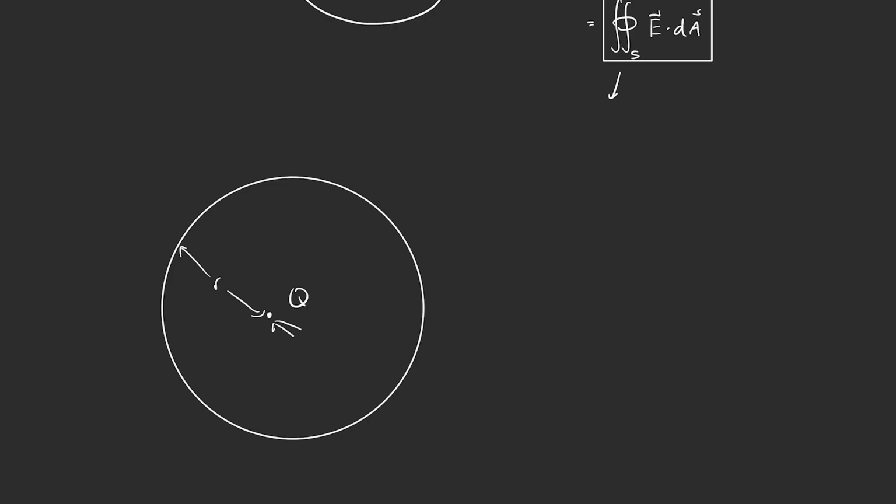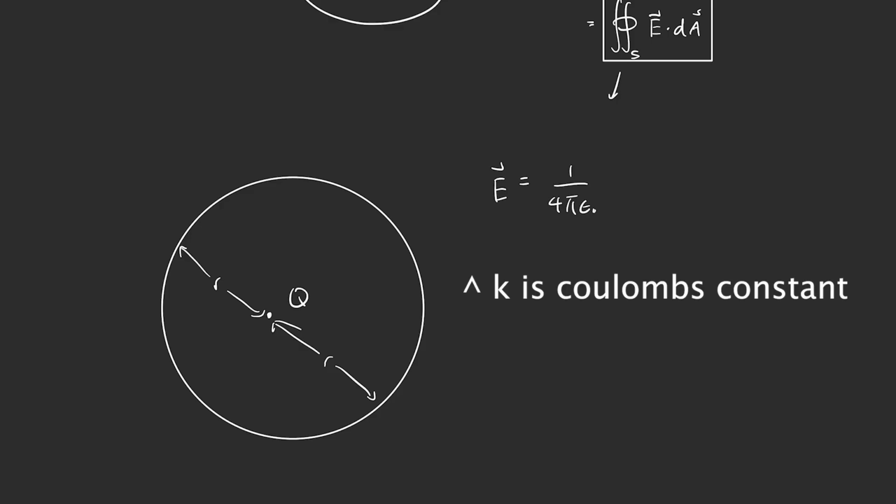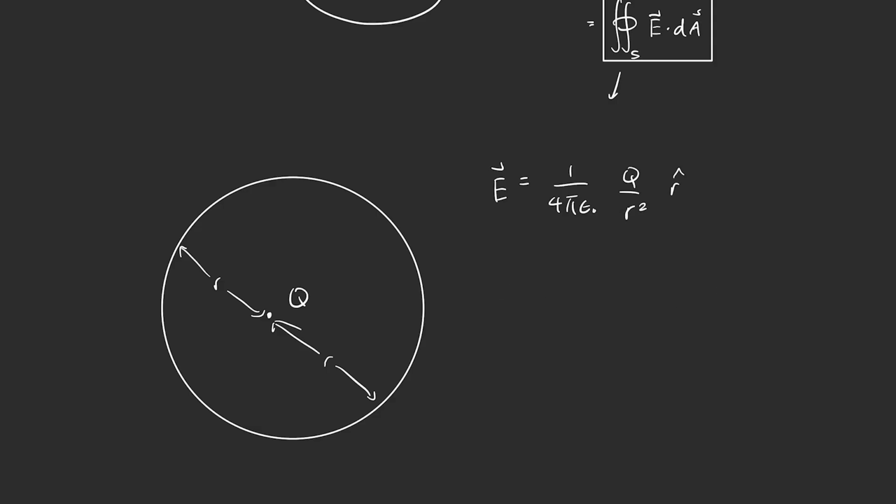I know this drawing isn't accurate, but that's the point. We can look at the electric field first, and the electric field due to the charge is k times q over r squared with our unit vector r hat, which points in the radial direction.